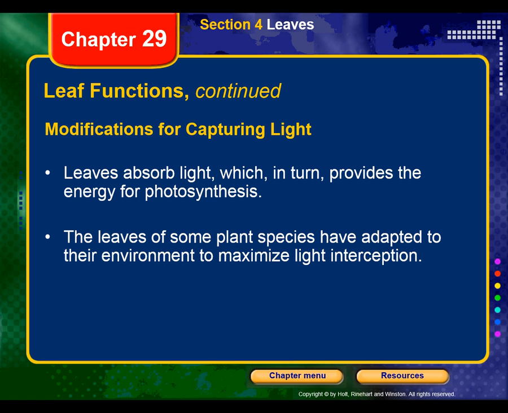The leaves of some plant species may have adapted to their environment by maximizing light interception. So for corn plants, since we plant them in such a way, they want a nice broad, thin leaf so that they are getting as much sunlight as possible. When you look at a corn leaf, it's not a very thick type of leaf, but it's actually rather thin.